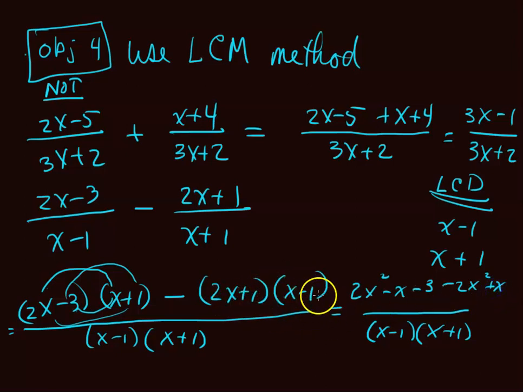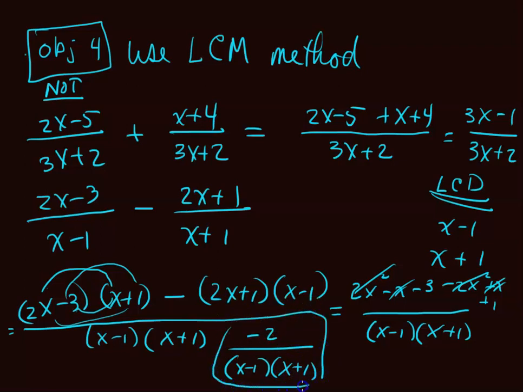And this is a negative 1, but you're subtracting it, plus 1. What you notice here is the 2x squareds cancel, the x's cancel, a negative 3 and a positive 1 is going to be a negative 2. So your final answer is negative 2 over the common denominator, x minus 1, x plus 1. Couldn't cancel anything here, but you can leave it that way.